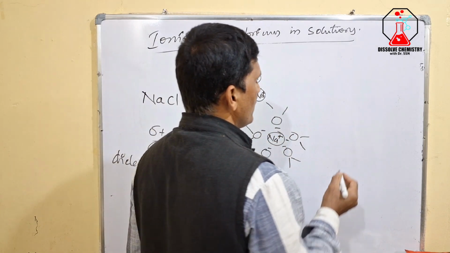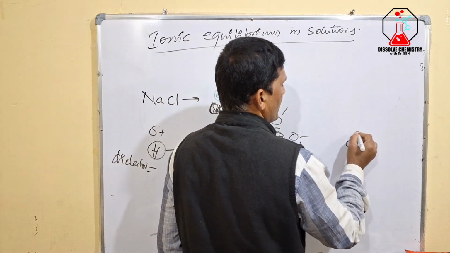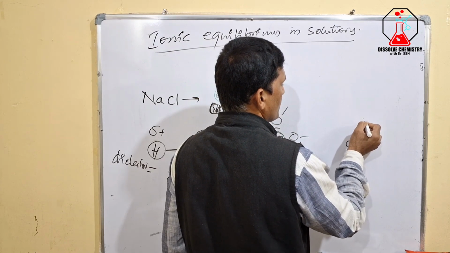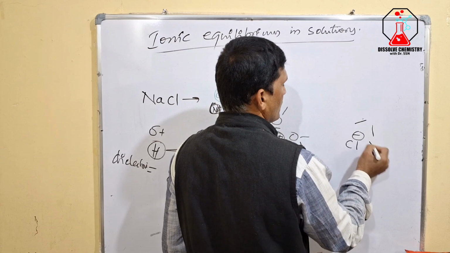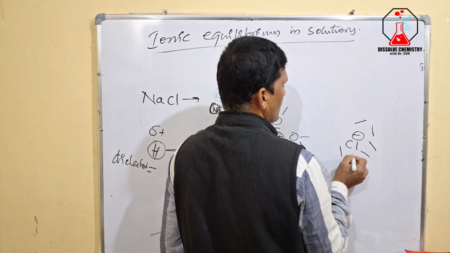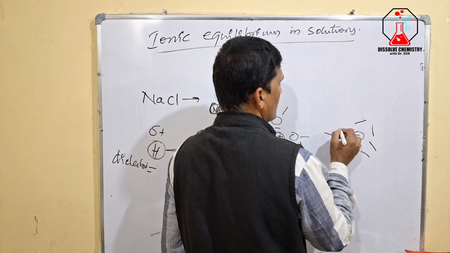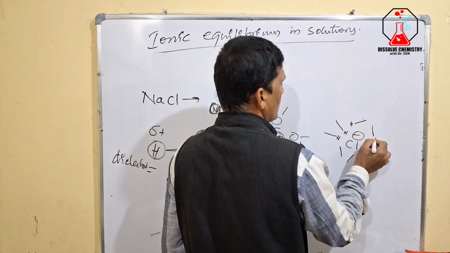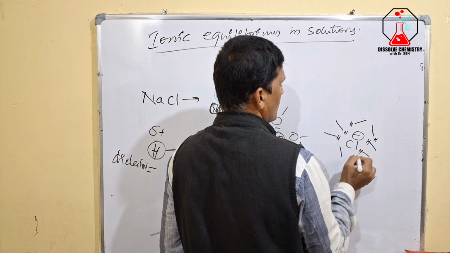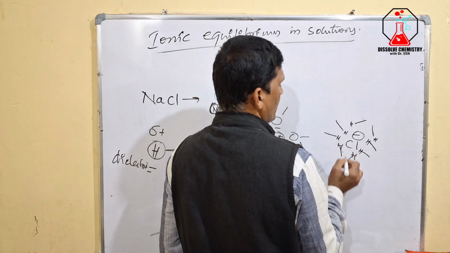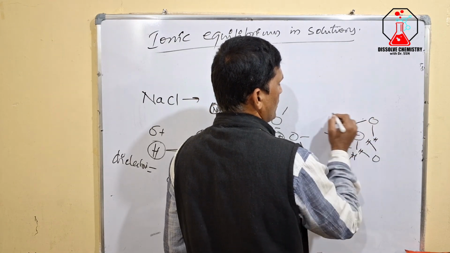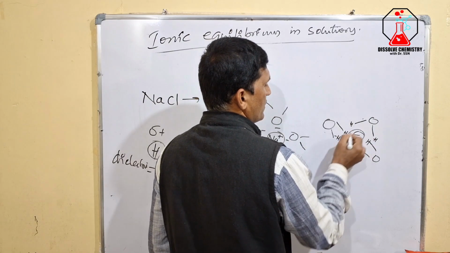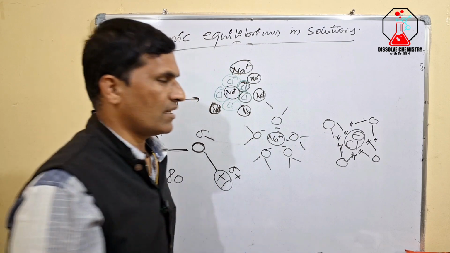Similarly, the Cl minus ion is surrounded by the positive end of the water molecule. So that is how the Cl minus ion is being surrounded.